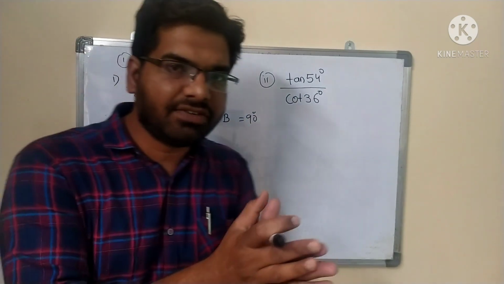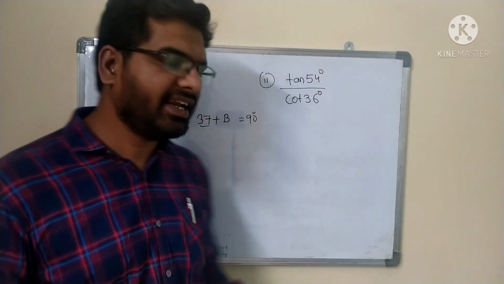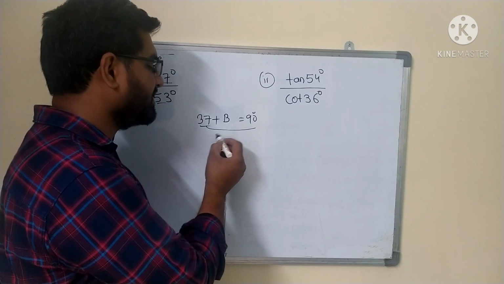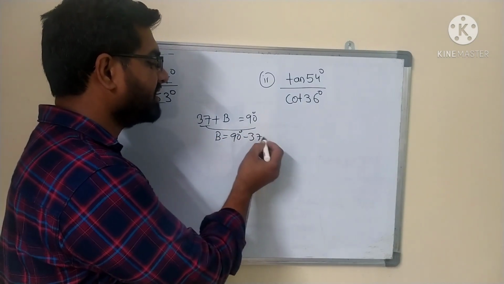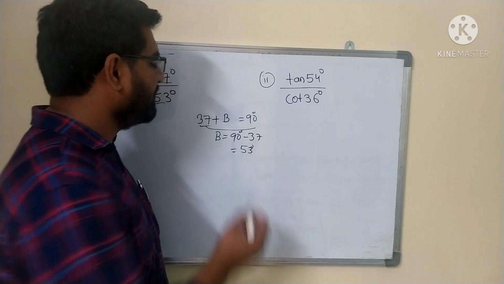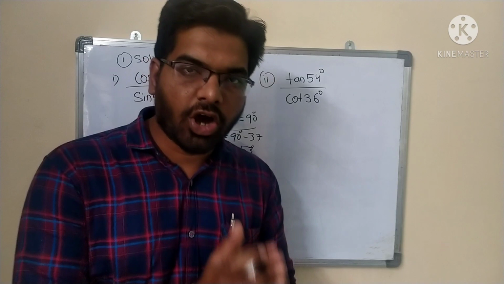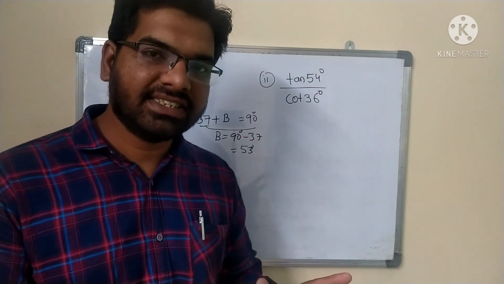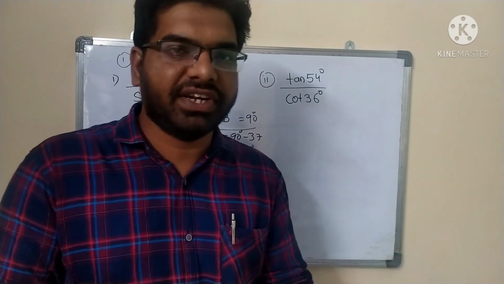Sum of two angles is equal to 90 degrees, right? If one angle is 37, then what is the other angle? B is equal to 90 degrees minus 37, that is nothing but 53 degrees. मतलब 37 का complementary angle 53 degrees. The complementary angle of 37 degrees is nothing but 53 degrees. Why? Because 37 plus 53 equals 90.